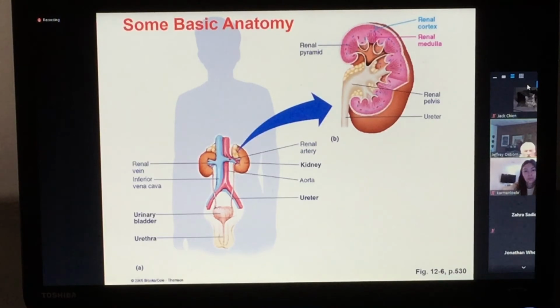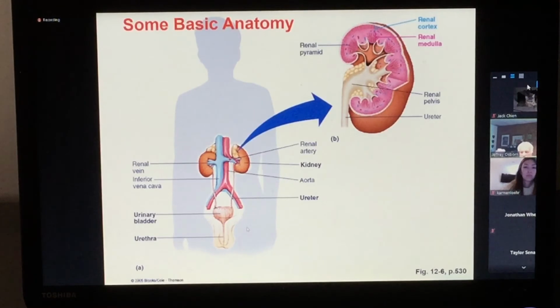So your whole abdominal cavity is encased in a tough connective tissue called the peritoneum, and your intestines and your liver and your pancreas and your spleen and all of your organs, your stomach, et cetera, sit inside this bag called the peritoneum. Your kidneys sit outside that peritoneum.